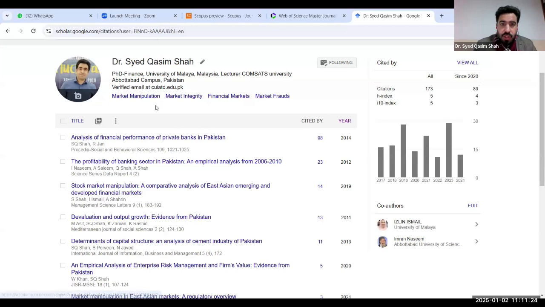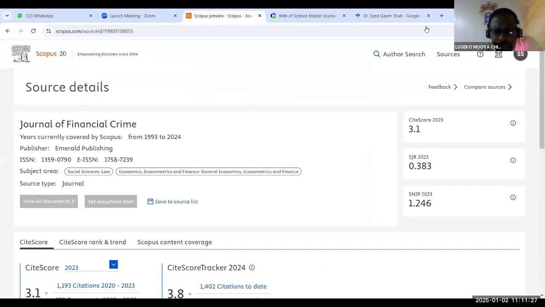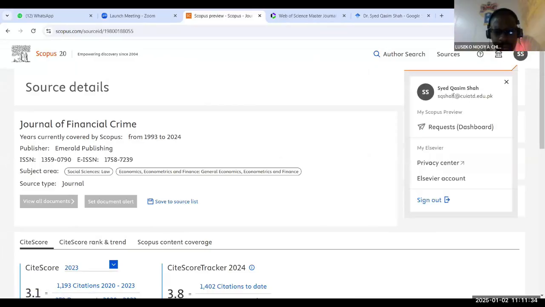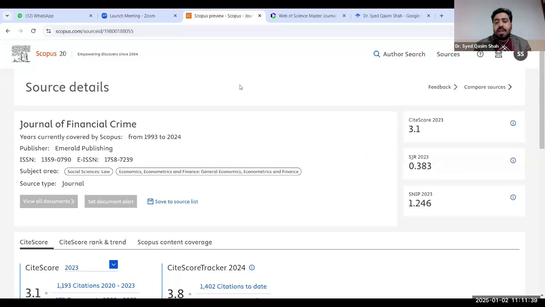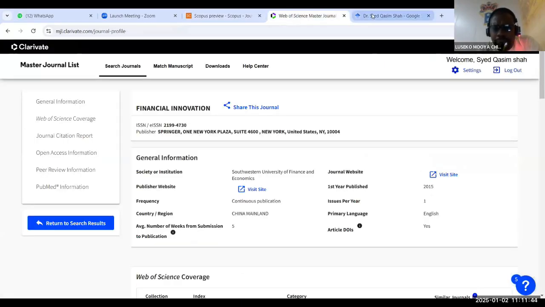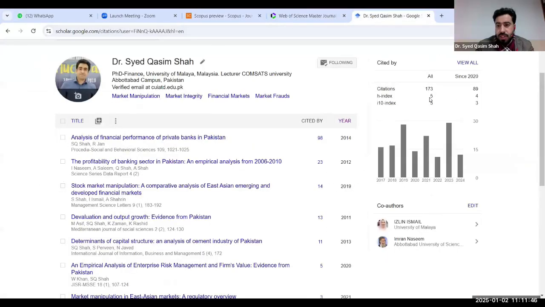Whenever I go to Scopus, you see, this is my login. Whenever any of my articles gets cited, I will get a message from Scopus that this paper got a citation. On Web of Science, I will be registered. For Google, I can show you this is my citation and this is my H index and this is my i10 index. My 5 articles have been cited 5 times. You see, this article has been cited 98 times.